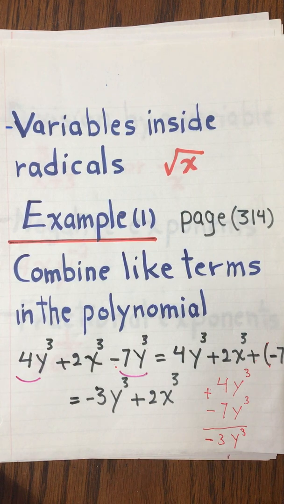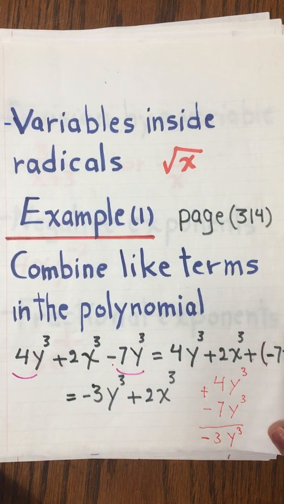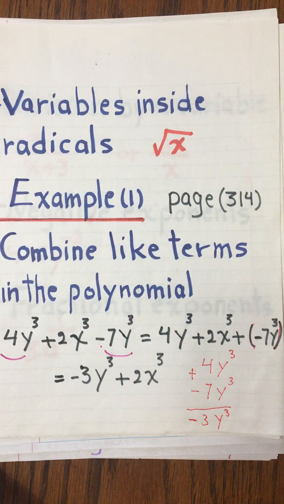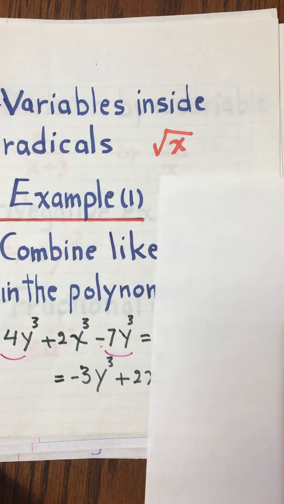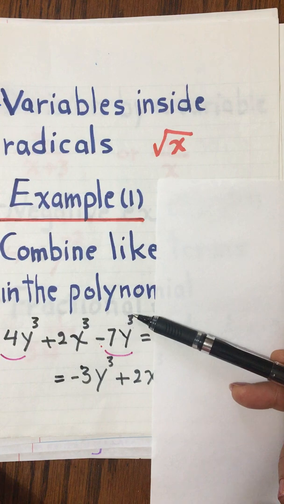Example 1 on page 314. Combine like terms in the polynomial. So I have the polynomial 4y cubed, or y to the power 3, minus 2x to the power 3, minus 7y to the power 3.